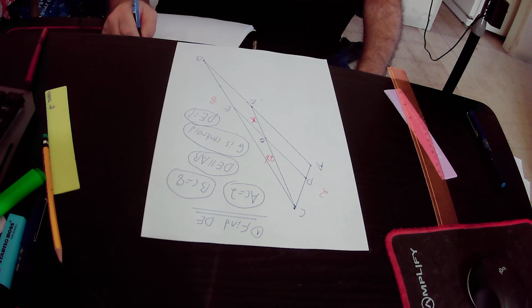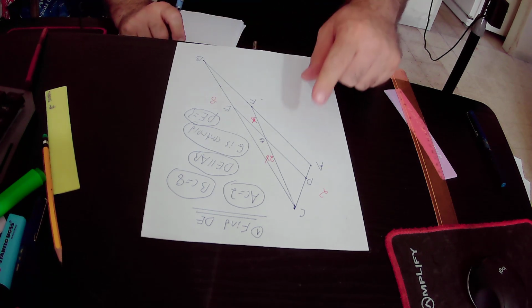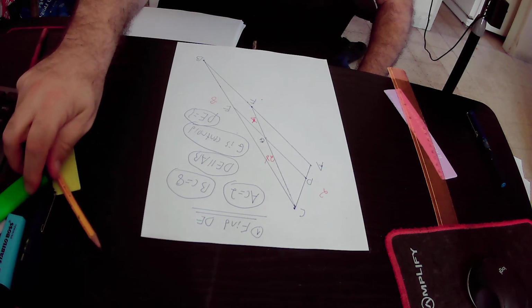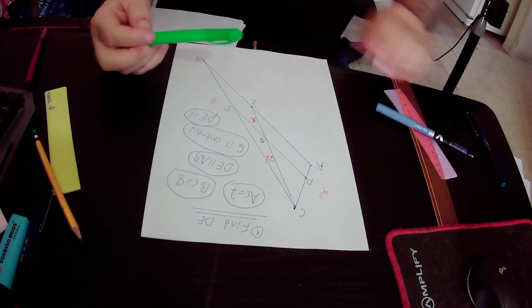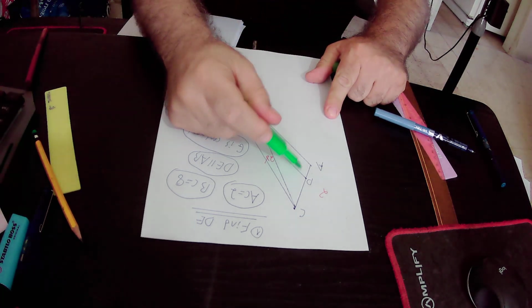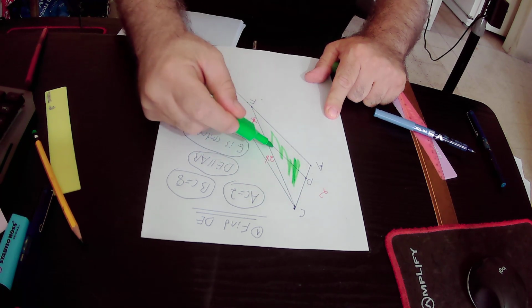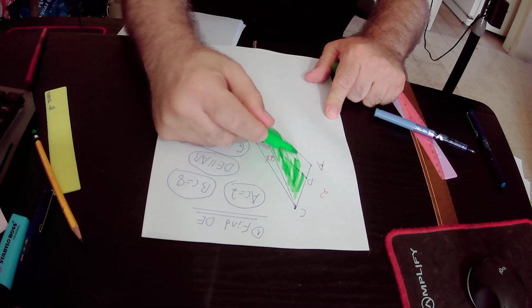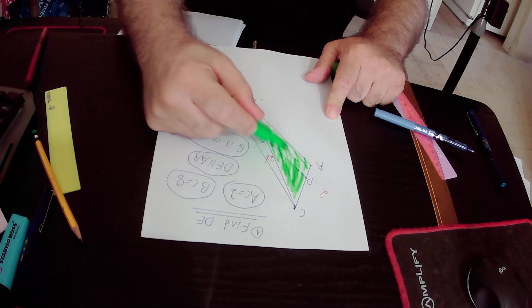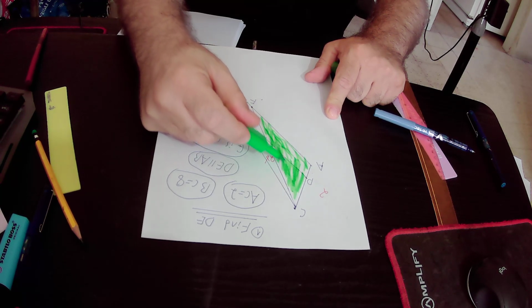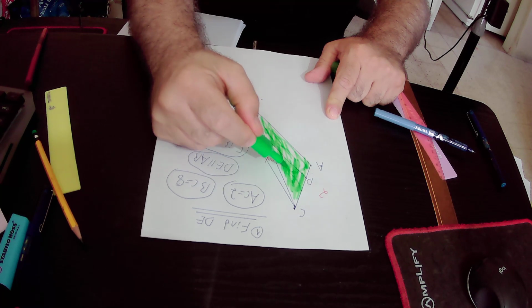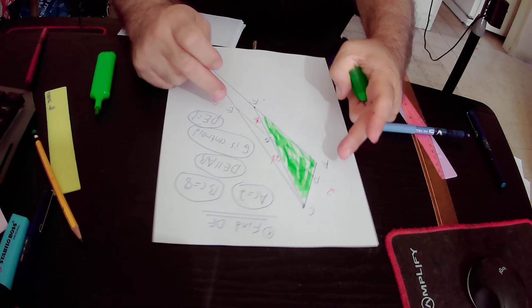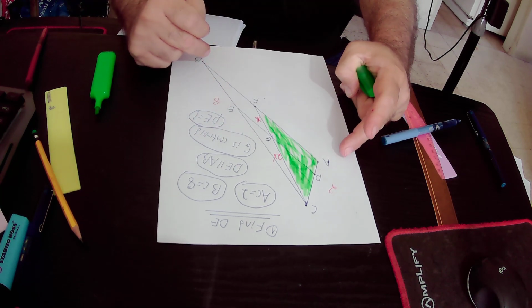And therefore, if we relate to the green triangle ACF, we know that DE is parallel to AB.